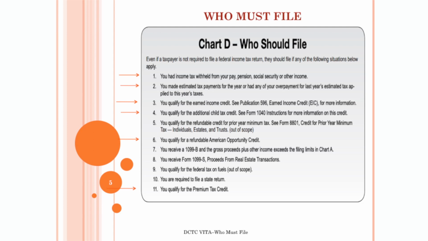Number 3, you qualify for the earned income credit, or you qualify for the additional child tax credit, or you qualify for the refundable part of the American Opportunity Credit, or you qualify for the premium tax credit.